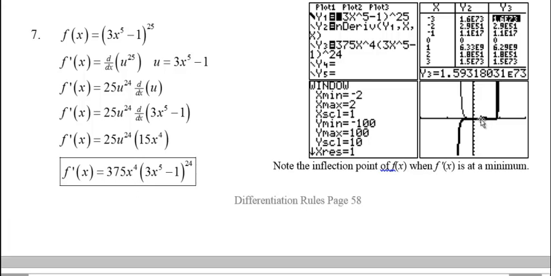So when the derivative here is 0, the original function has an inflection point somewhere in here. The derivative is actually 0 when x is 0, and here as well. Okay?